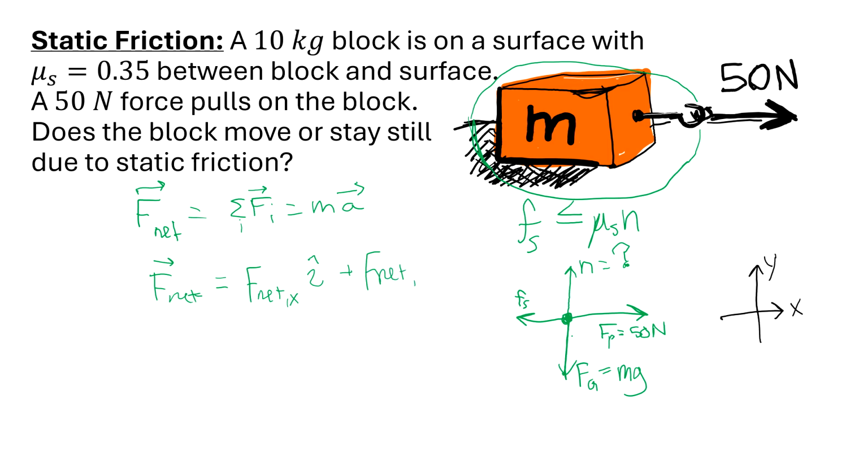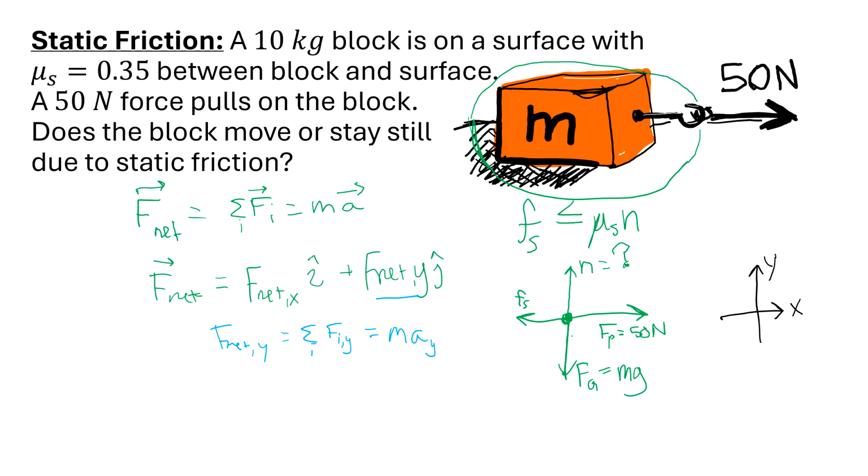Let's take a look at this F net y for a second. F net y is equal to the sum of all the y forces. It's going to be m times a y, the y acceleration.